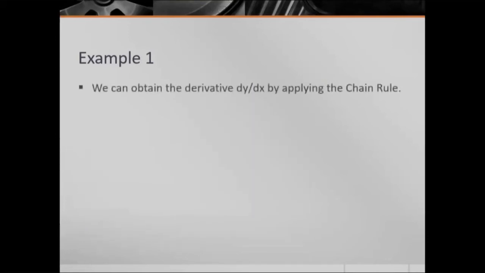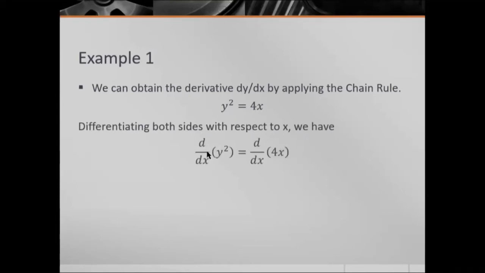We can obtain the derivative dy over dx by applying the chain rule. So from the given, we have y squared equals 4x. Differentiating both sides with respect to x, we have on the left side the derivative of y squared with respect to x, and on the right side the derivative of 4x with respect to x. So we have on the left side 2y dy over dx, and on the right side 4.